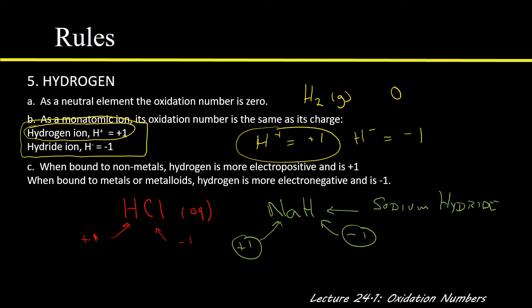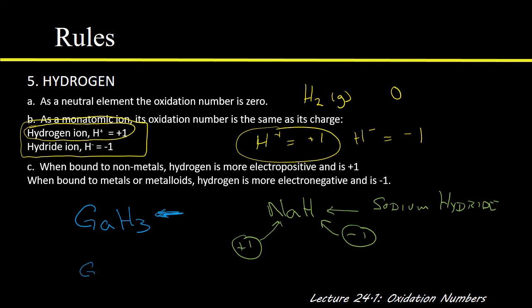Okay. The same would be true if we had something a little bit more in the middle of the table, something like GaH3. Gallium is a metalloid. But in this case, hydrogen would be the more electronegative, so this is a hydride, right?